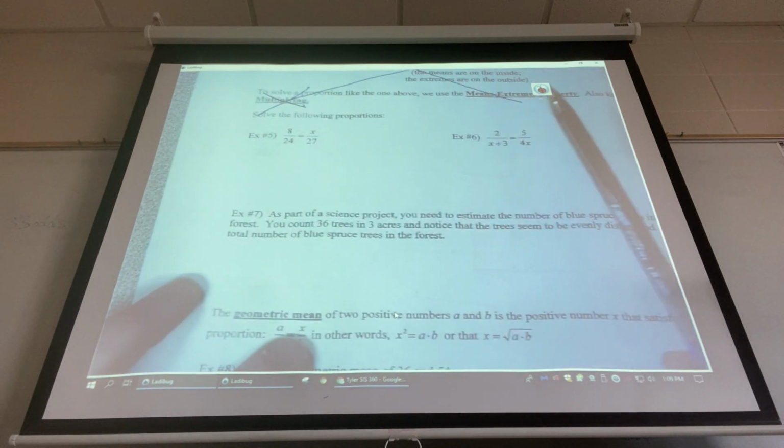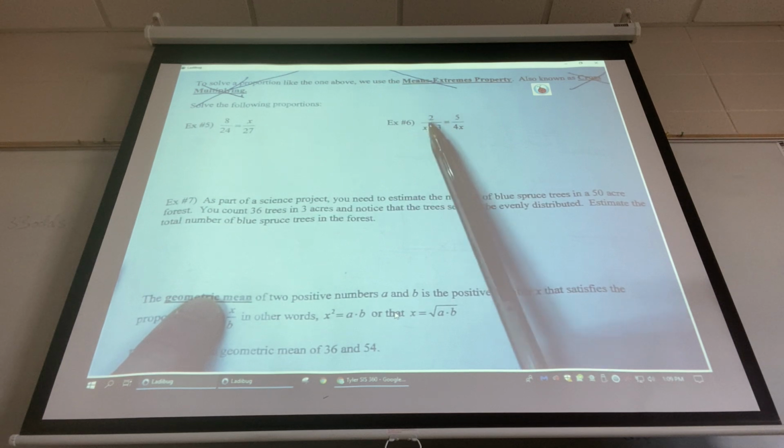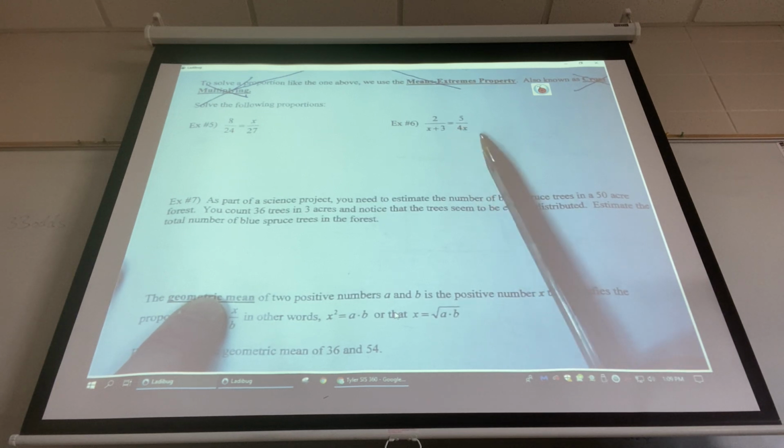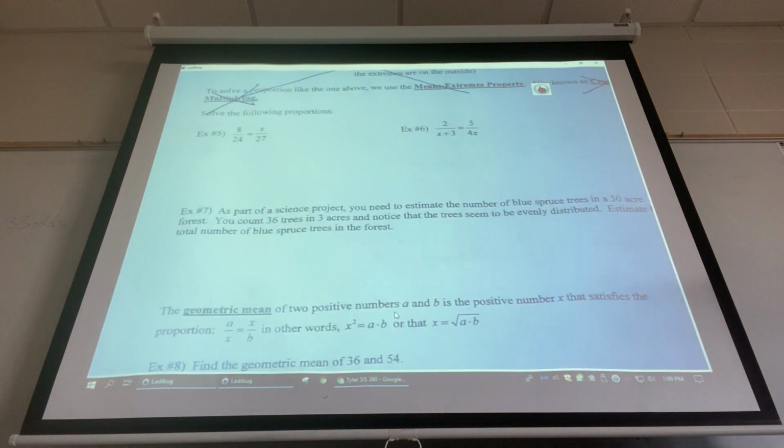But where it gets tricky is example 6. That's a little bit trickier, okay? So here's what I suggest. How many of you love it when a problem has fractions? I think most of you heard me, you're not just ignoring me, but none of your hands went up.